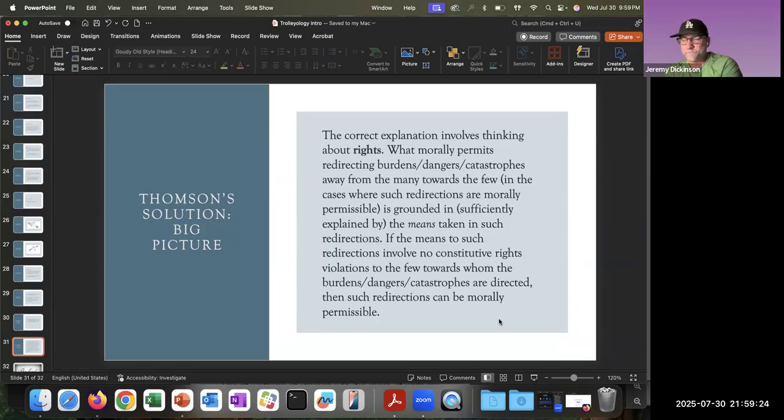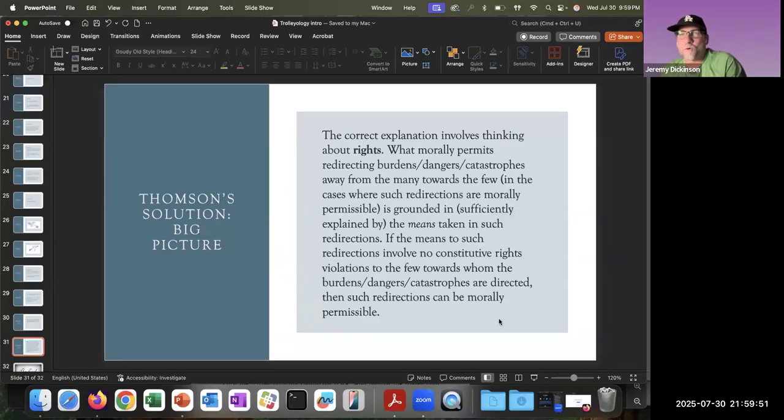And anyways, what Thomson learned or developed in response to these conversations was thinking about how her thinking that killing the one in the original trolley and the one in the bystander case may have been mistaken.